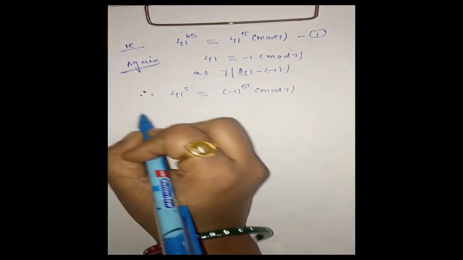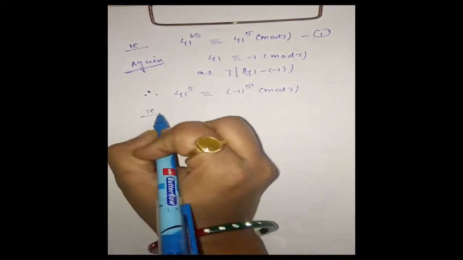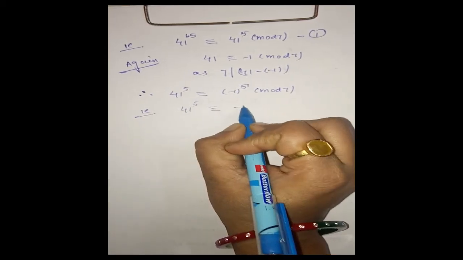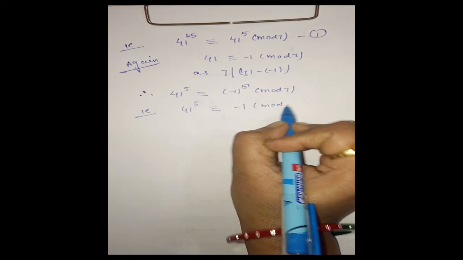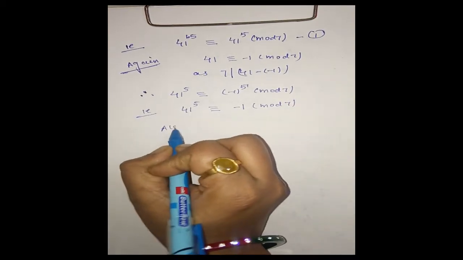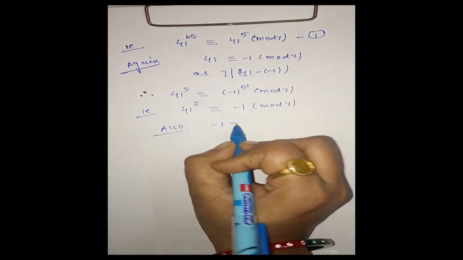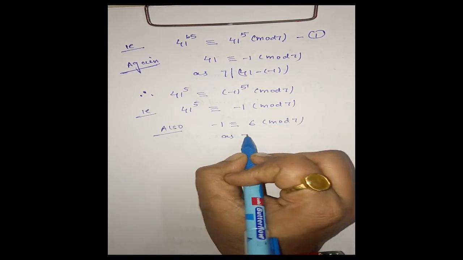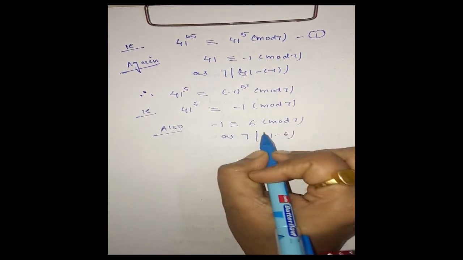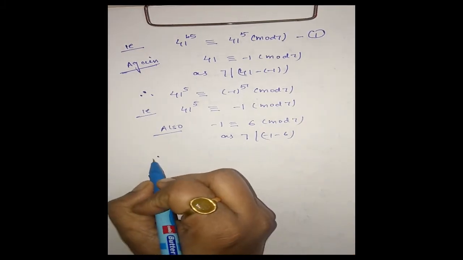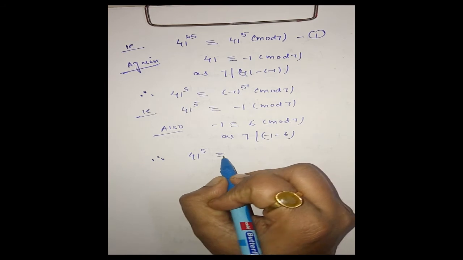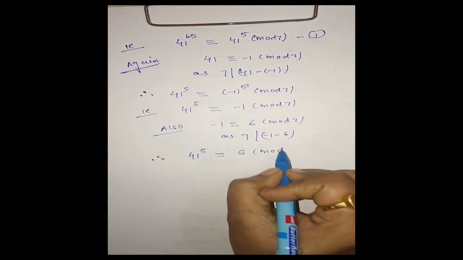Now since 5 is an odd number, we have negative sign here. 41 power 5 is congruent to minus 1 modulo 7. Also, minus 1 is congruent to 6 modulo 7, as 7 divides minus 1 minus 6, which is minus 7. Therefore, we can write 41 power 5 is congruent to 6 modulo 7.